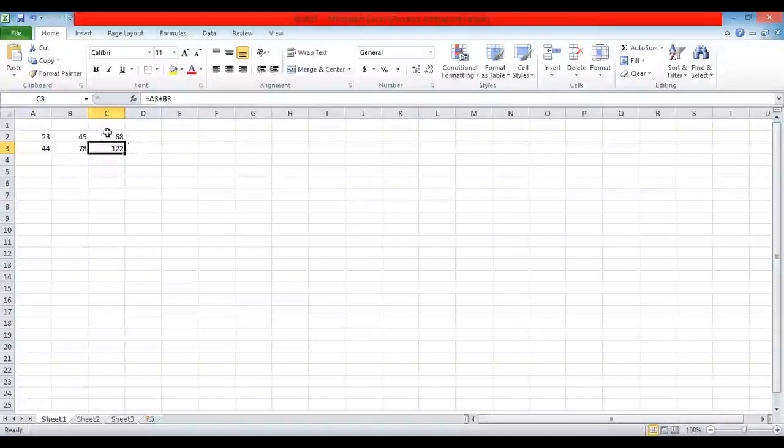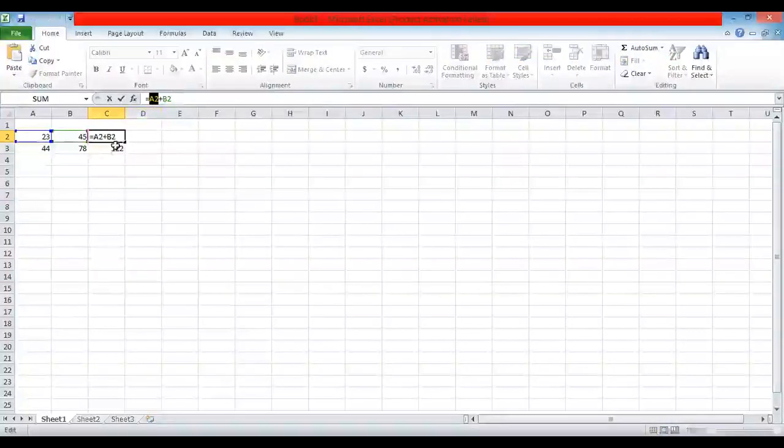I was saying, here we have got A2. But when we go, it's the same formula which has been copied down.